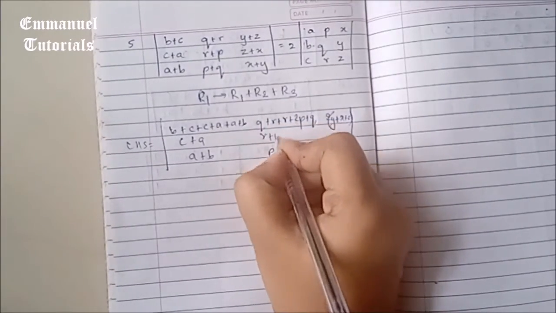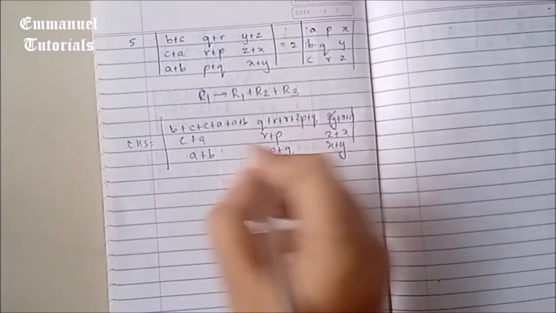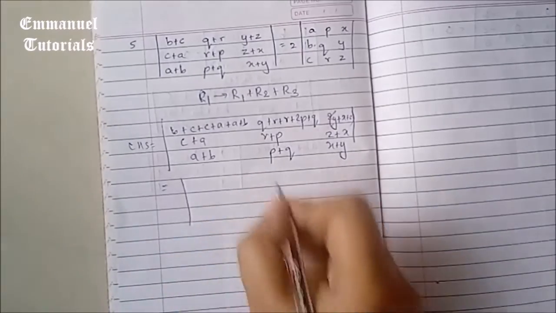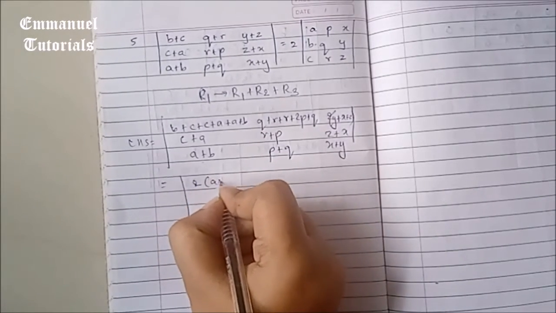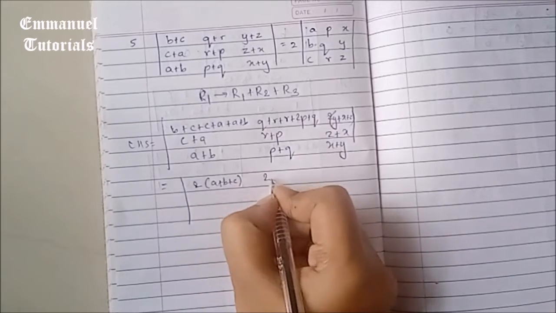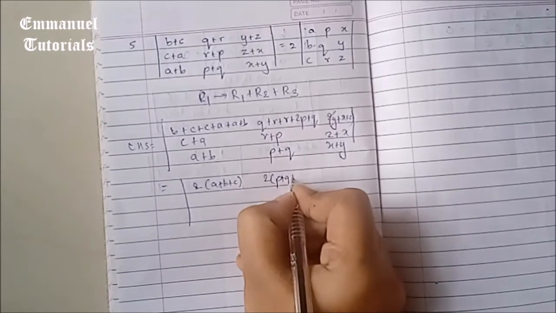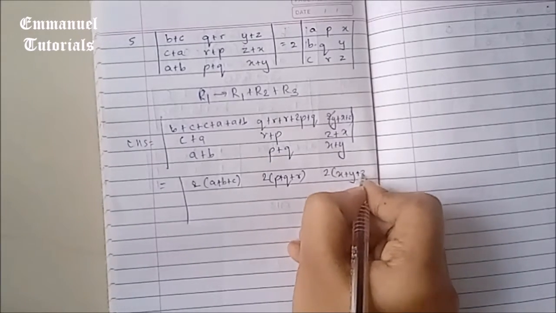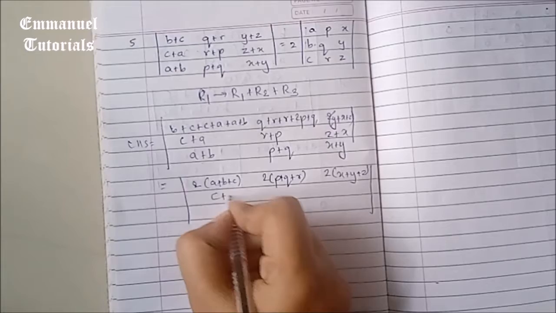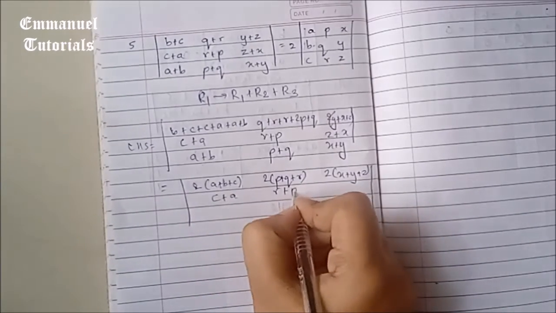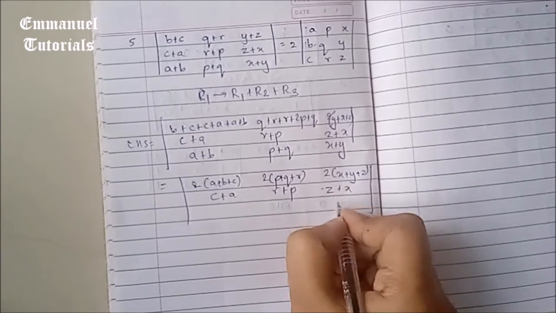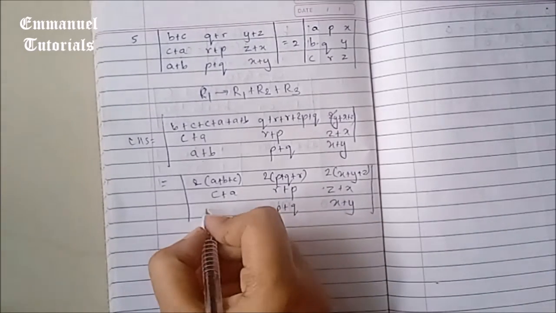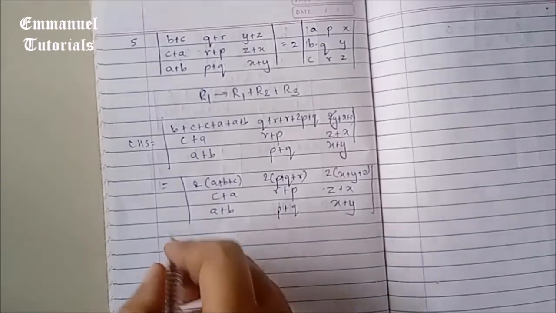Now this is equal to 2 times a plus b plus c, 2 times p plus q plus r, 2 times x plus y plus z, c plus a, r plus p, z plus x, x plus y, p plus q, a plus b.